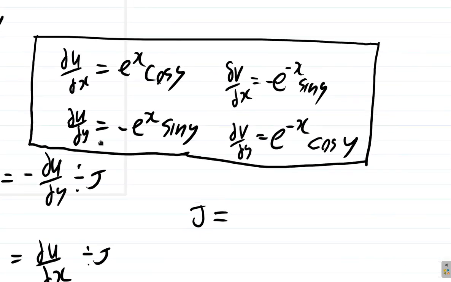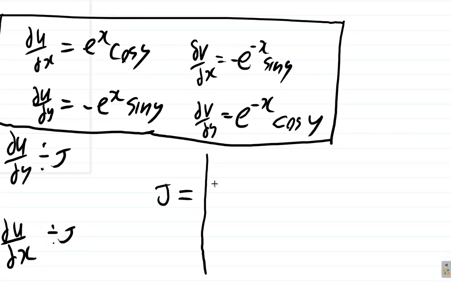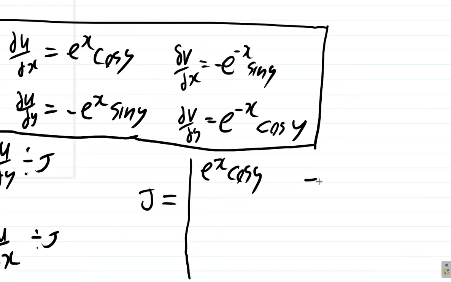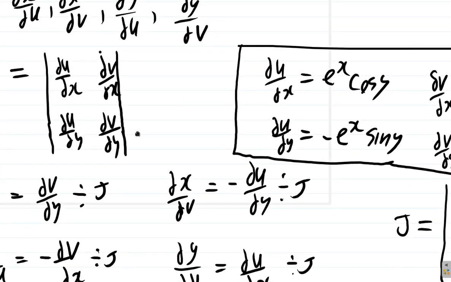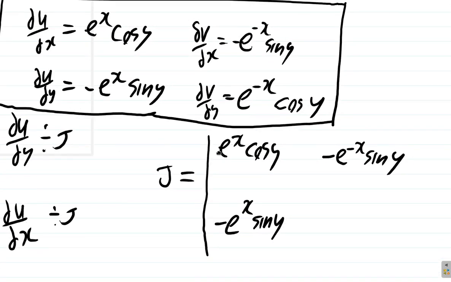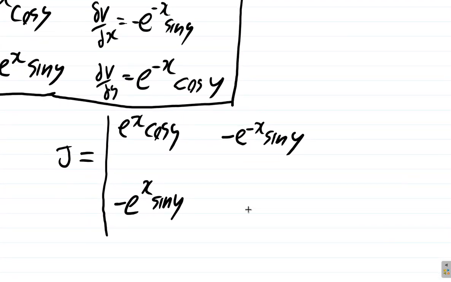It's ∂u/∂x, which is going to be e to the x cos y, and ∂v/∂x, so it is negative e to the negative x sin y, and we have ∂u/∂y, which is negative e to the x sin y, and then ∂v/∂y is e to the negative x cos y. Alright?